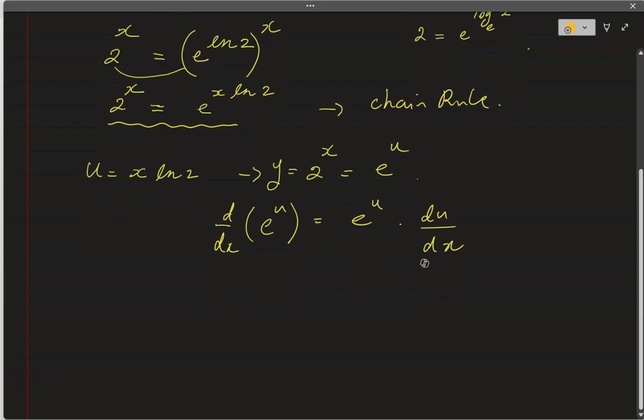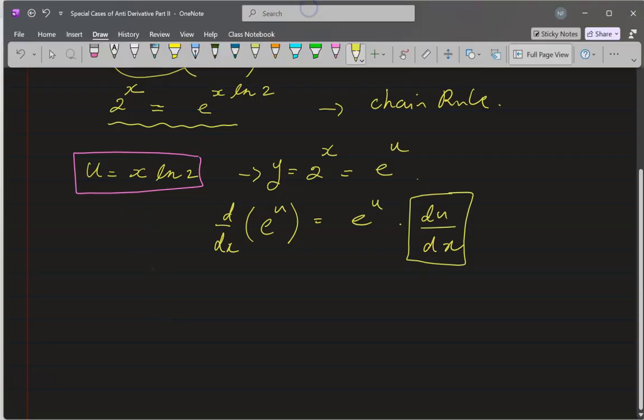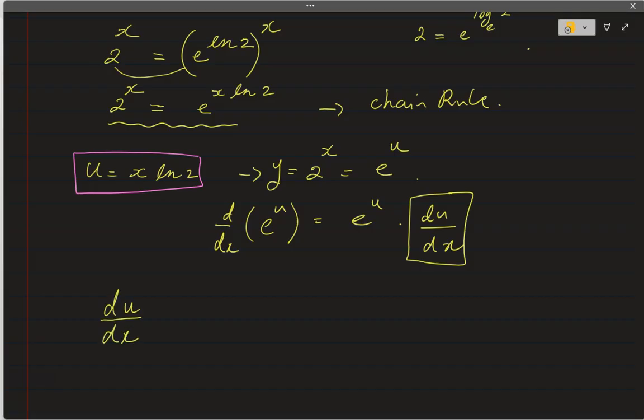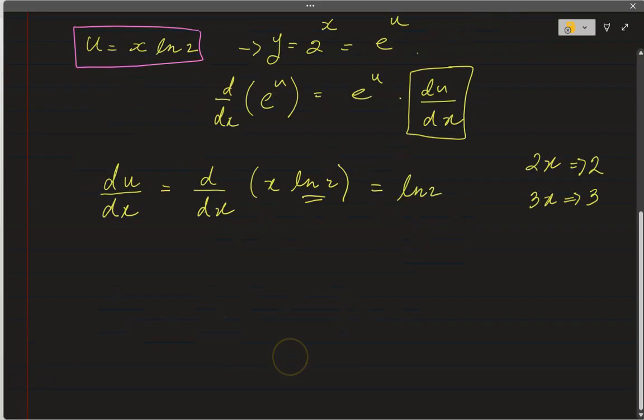Now notice that we don't have du dx, but we have u equal to x ln of 2, so we can find what du dx is. We say du dx is equal to d dx of x ln of 2, and in this case the answer will be ln of 2.